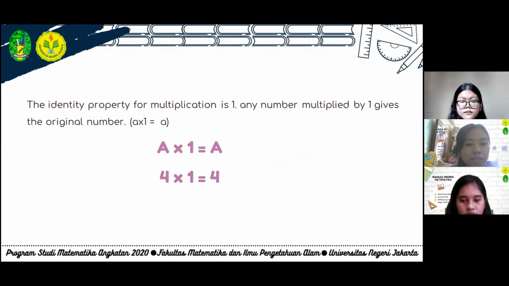The identity property for multiplication is 1. Any number multiplied by 1 gives the original number. For example, A is multiplied by 1 and the product is A. 4 is multiplied by 1 and the product is 4.